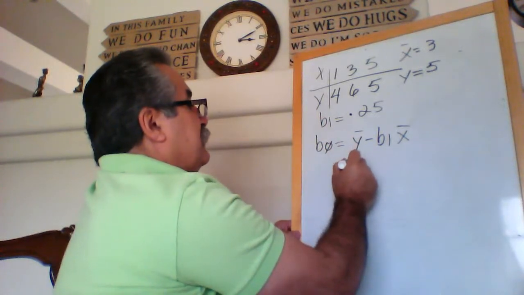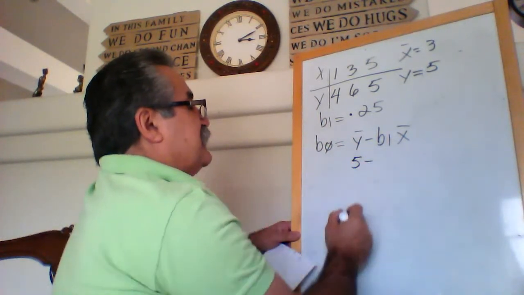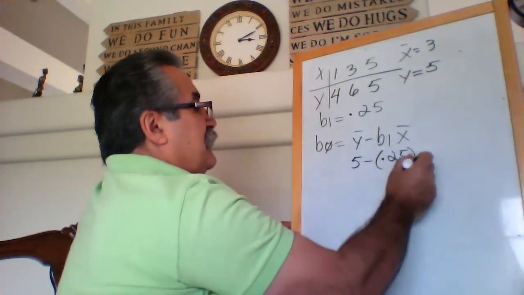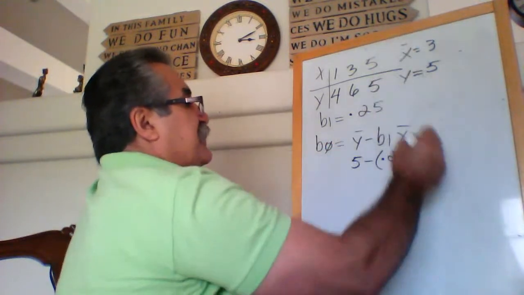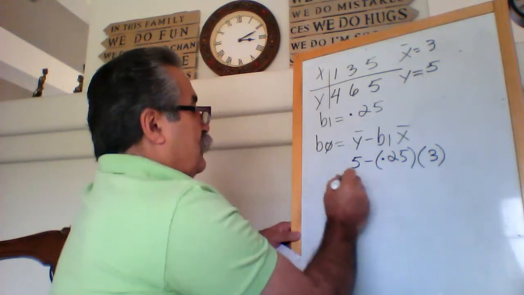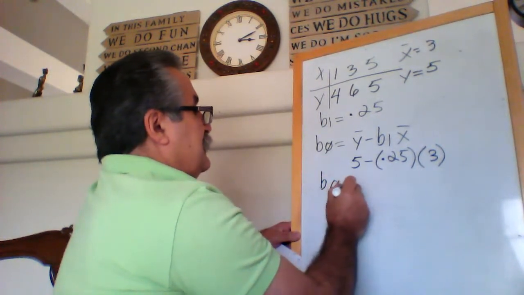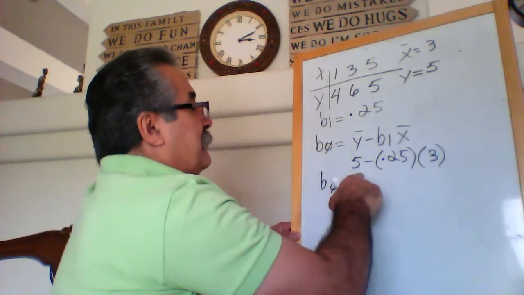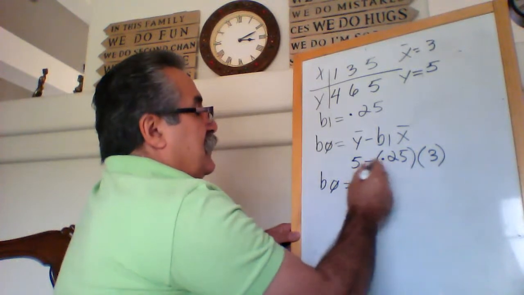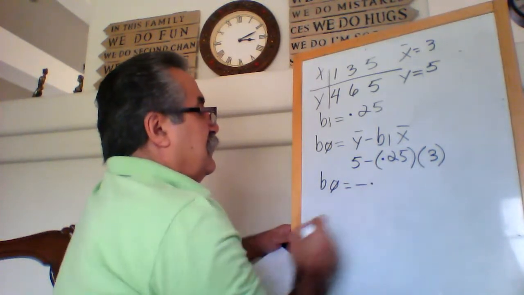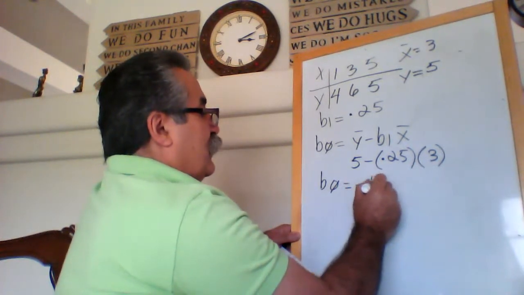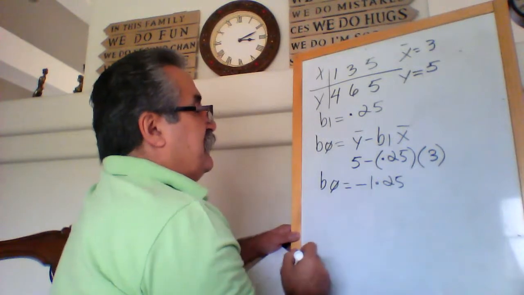Y bar is 5 minus B1, which is 0.25 times x bar, which is 3. So B sub 0 is equal to negative 1.25.